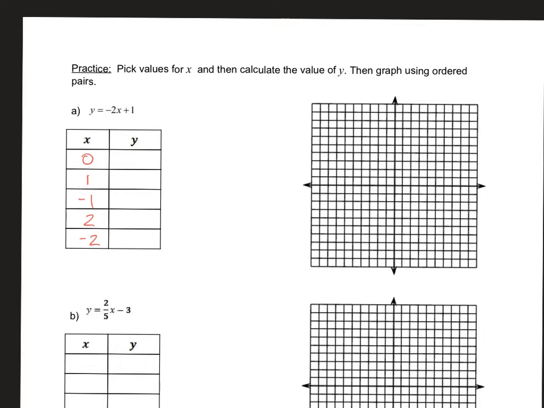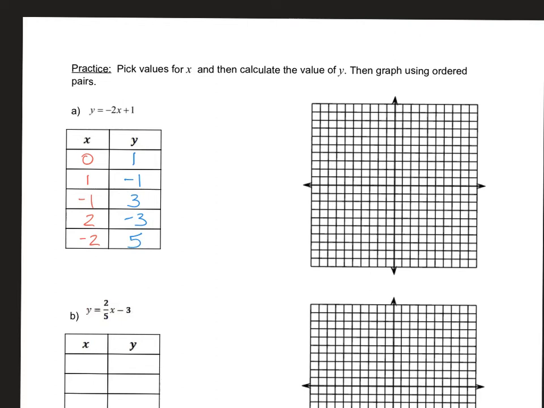Now I need to take those x values, and I need to sub them in to figure out what the matching y coordinate is. So, if I sub in my 0, that's nice and easy to calculate. If I sub in my 1, if I sub in my negative 1, if I sub in my 2, and if I sub in my negative 2. Now I have 5 points.